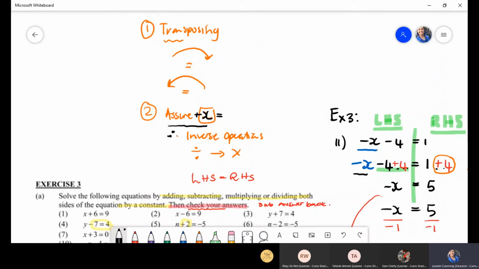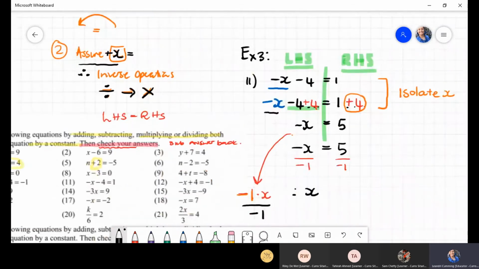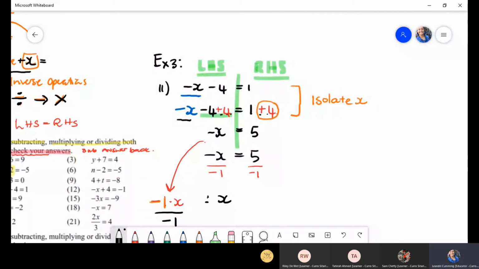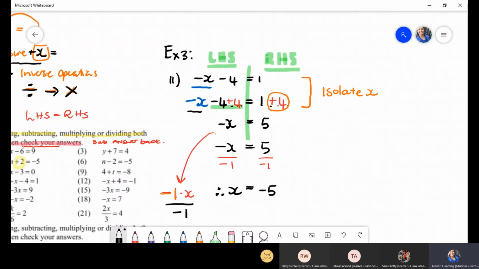And whatever is in front of x, we need to get rid of it by performing our inverse operation. Now, what I do on this side is I am doing 5 divided by -1, which gives me a -5. Right, there's that one.